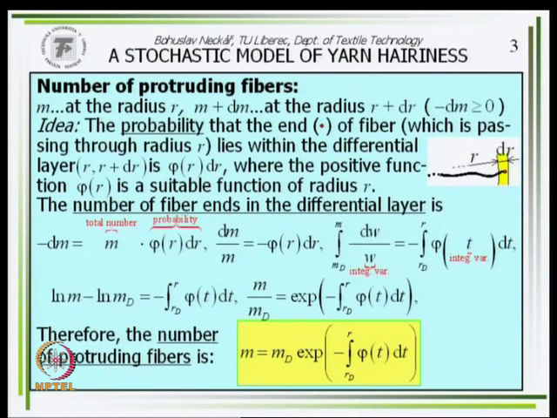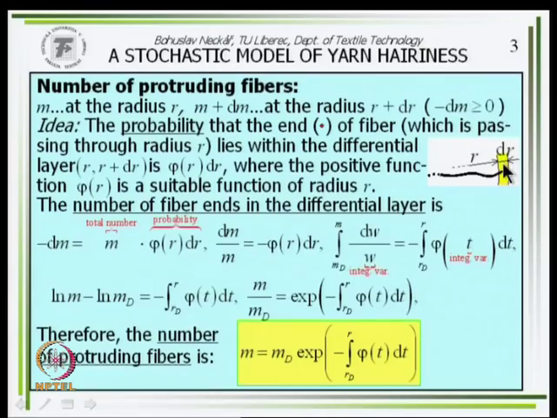So m times the probability. Not all fibers have their end in our differential layer; a lot of fibers have their end at some higher radius. So the total number is m times probability, phi(r) dr.